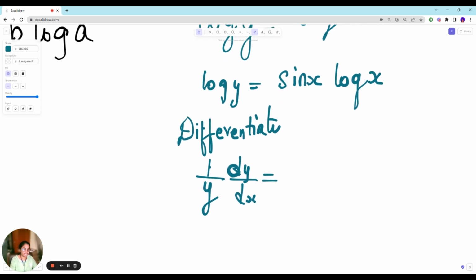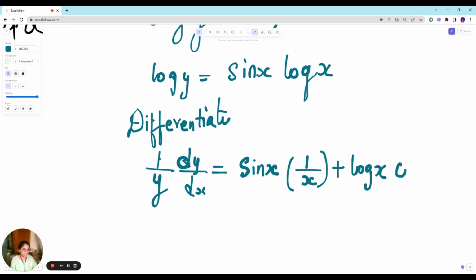Clearly we have sin x into log x, so I'll apply product rule. Write one function as it is, differentiate the other function. Differentiation of log x is 1 divided by x, plus write log x as it is, differentiate sin x. Differentiation of sin x is cos x.